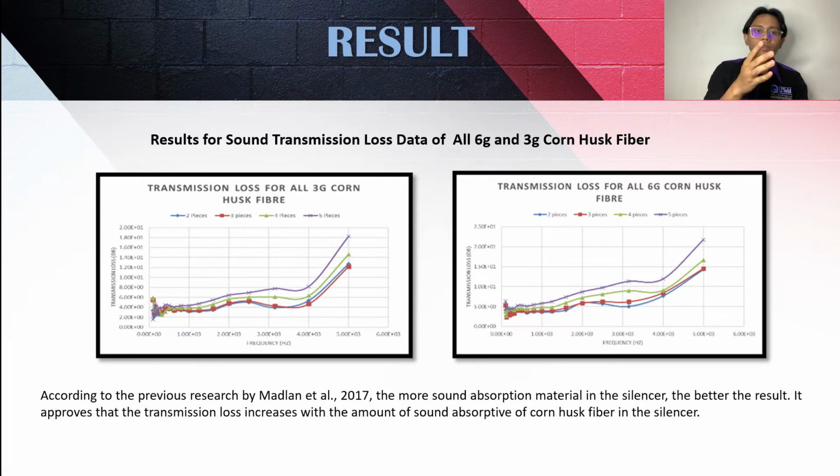So it proved my experiment, as from the graph we can see the 5 pieces arrangement has better transmission loss than the other arrangements. It also applies to the 6 gram cone husk fiber: the 5 pieces arrangement has better transmission loss than the 1 piece. So it proved that the transmission loss increases as the amount of sound absorptive cone husk fiber in the silencer increases. Okay, that is the first result.